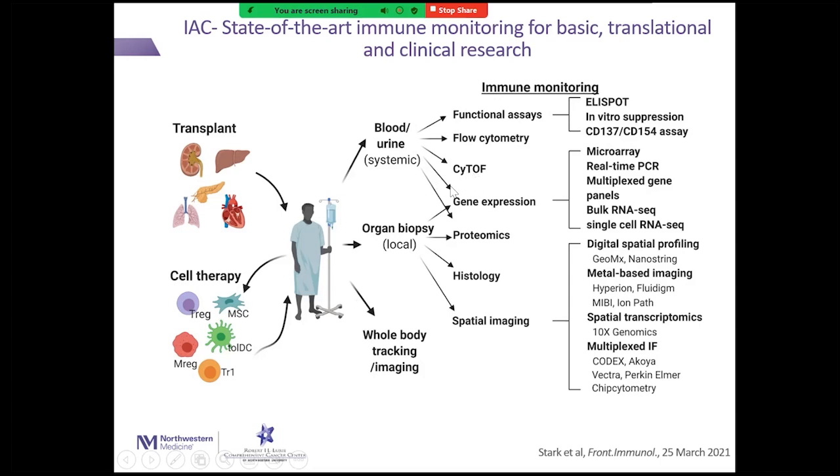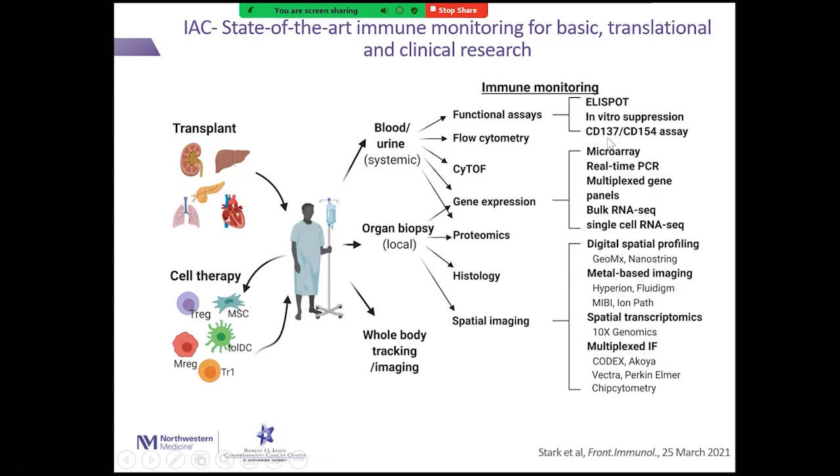You could run your cells through gene expression methods like bulk RNA-seq, single-cell RNA-seq, or real-time PCR methods. And then with organ biopsies, you can see what's happening locally with proteomics methods, histology methods, and spatial imaging like GeoMx, or metal-based imaging like Hyperion, or spatial transcriptomics like 10x single-cell genomics, or multiplex imaging platforms like Akoya's CODEX or Vectra 3 that we have in our core.